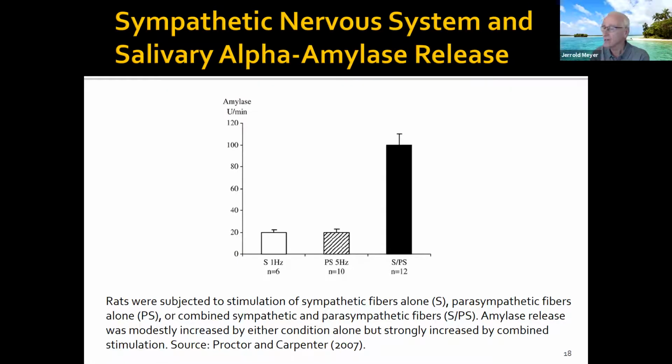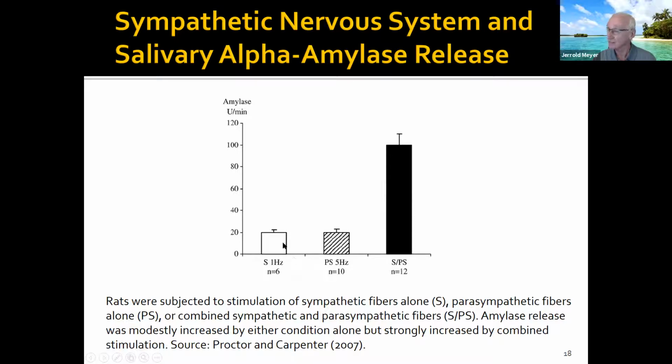So what's the actual evidence that this is from the sympathetic system other than my just saying so? This is an animal study. I'm not going to give you very many animal studies today, but occasionally when it's relevant. In this case, the researchers could subject rats either to stimulation of sympathetic fibers innervating the salivary glands alone, or parasympathetic fibers alone, or both. This is compared to baseline, 0 is baseline here.